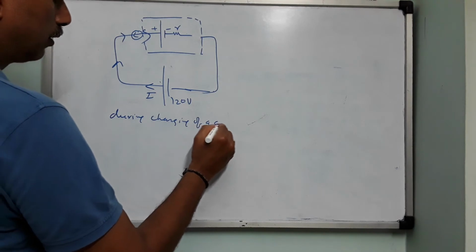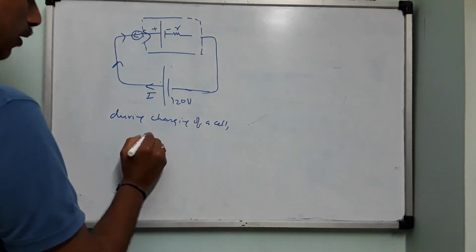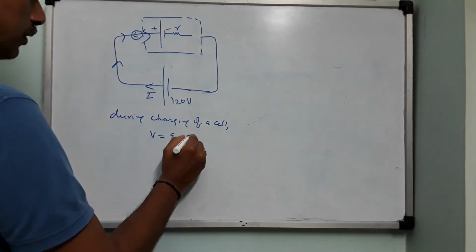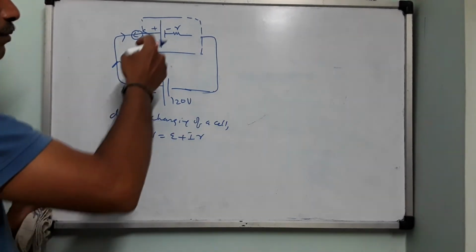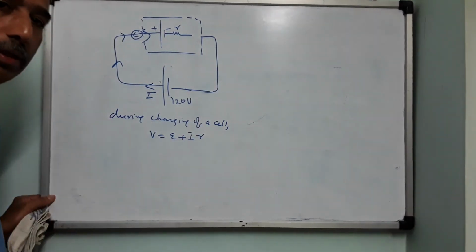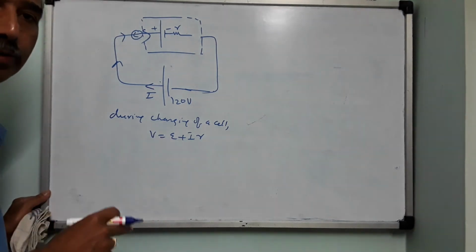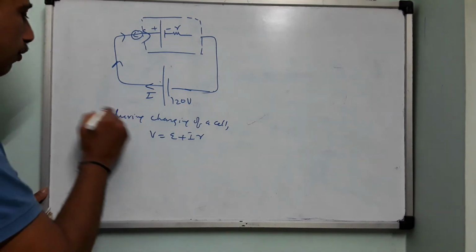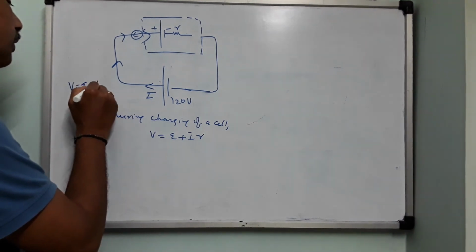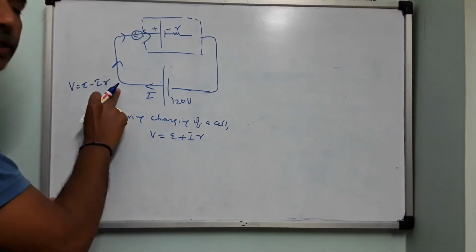So during charging of a cell, we will write V equals E plus IR. During discharging, the cell itself is driving the circuit, itself is sending the current. Then we write V equals E minus IR. This is called discharging.